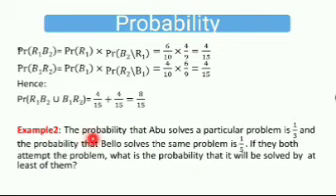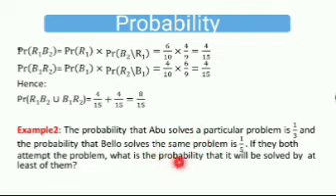Example 2. The probability that Abu solves a particular problem is 1 over 3, and the probability that Bello solves the same problem is 1 over 5. If both attempt the problem, what is the probability that it will be solved by at least one of them?